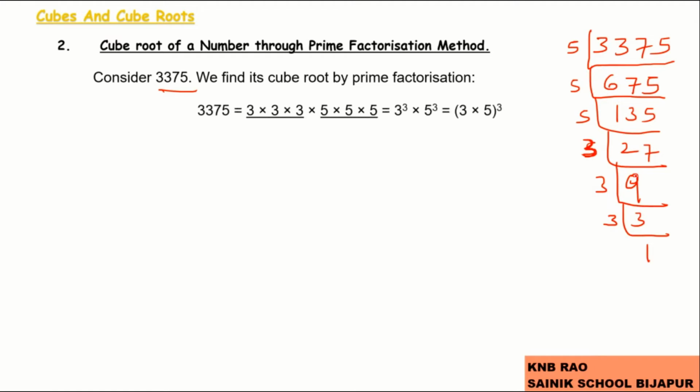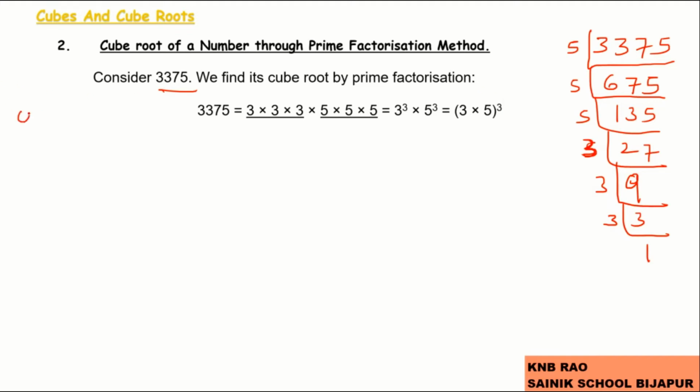Let's see how to write it. After writing, remember children, this prime factor 3 is in a triplet and prime factor 5 is also in a triplet, which we can write as 3 cube into 5 cube. So now that can be written as 3 into 5 whole cube.